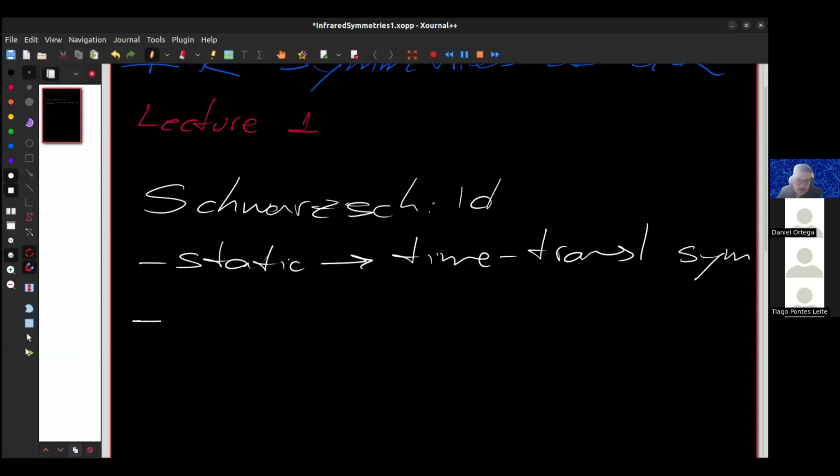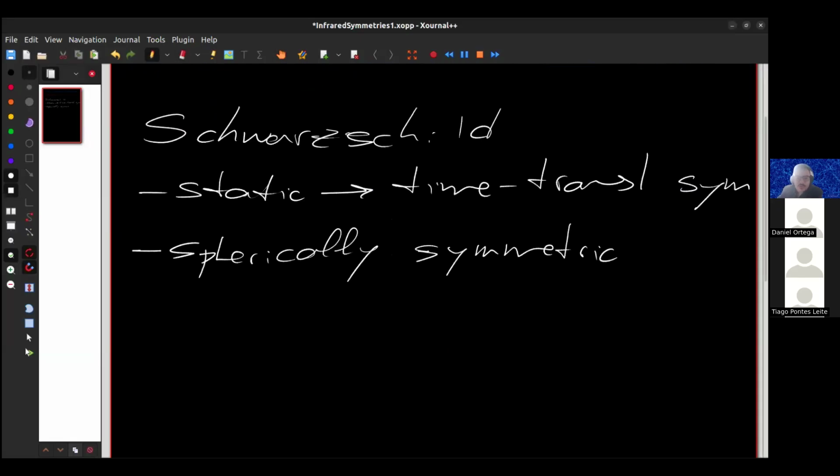It is also spherically symmetric, which means it is invariant under rotations. And these two assumptions, the assumption that it is static and the assumption that it is spherically symmetric, greatly simplify the expressions for the metric and the Einstein equations.